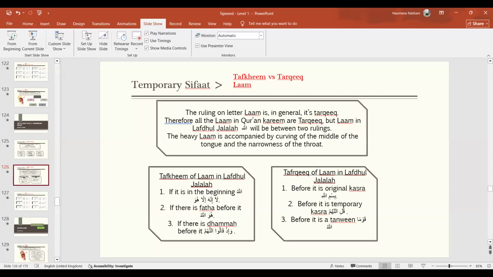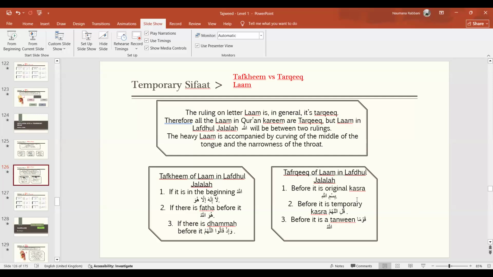And before it there is a tanween. This is a rule that would take time. Here it says qawman Allahu. It is called al-taqaw sakinain, the meeting of the two sakinas.